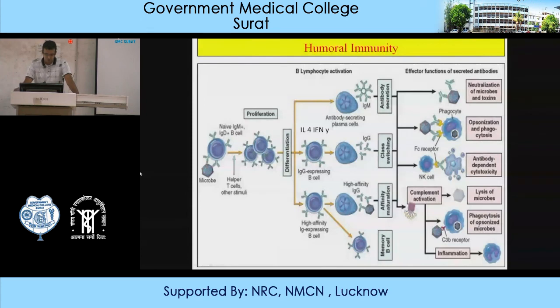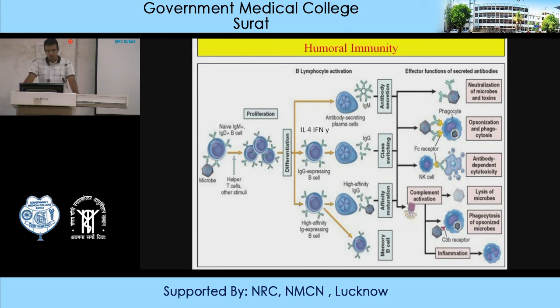This diagram shows the humoral immunity mechanism. Here the B lymphocyte, after binding with this antigen, is activated either by the T cell dependent pathway or the T cell independent pathway. After activation, the B lymphocytes are converted into plasma cells, and these plasma cells secrete various antibodies like IgM antibody, IgG antibody, and also high affinity IgG antibody.